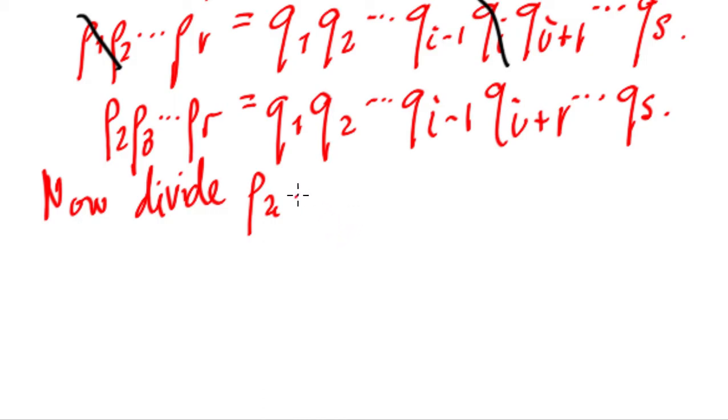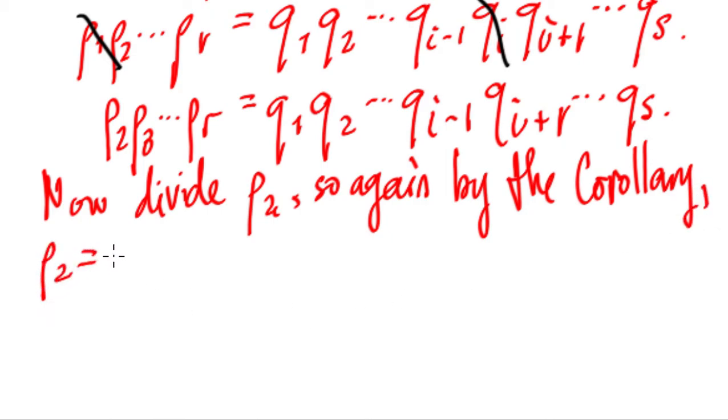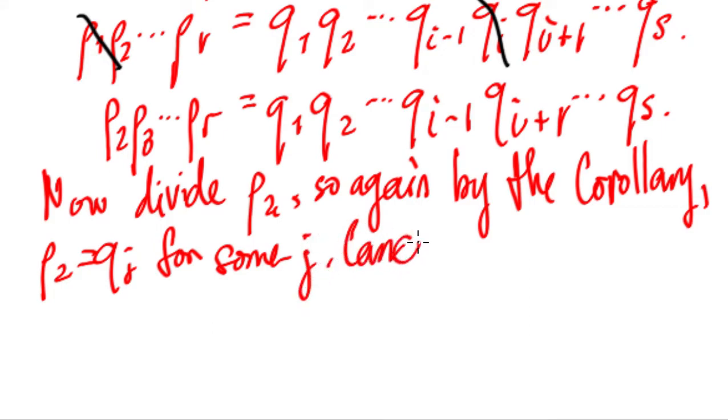So again, by the corollary, we say that p sub 2 is equal to this q sub j for some j. So what we need to do is to cancel p sub 2 from both sides.